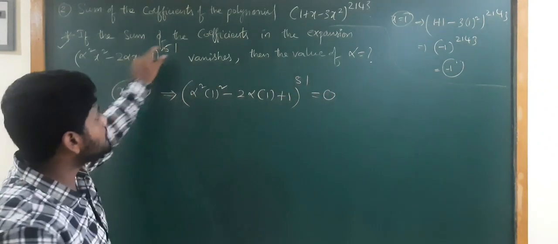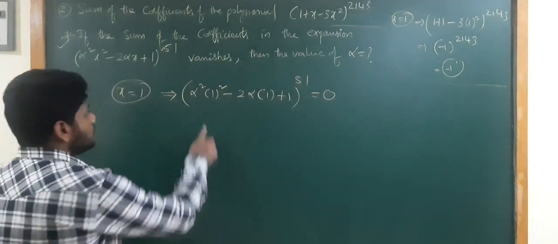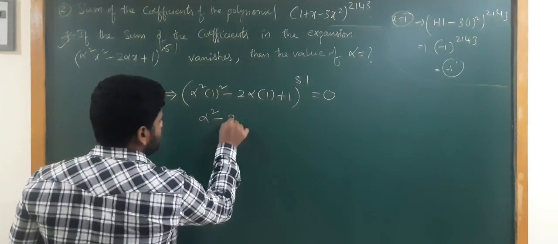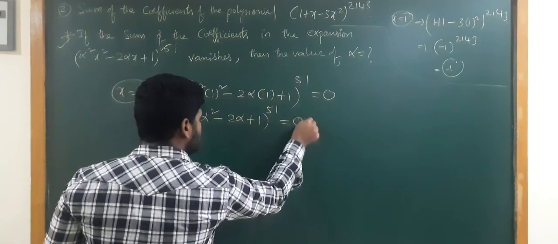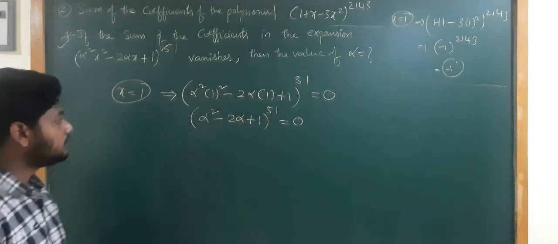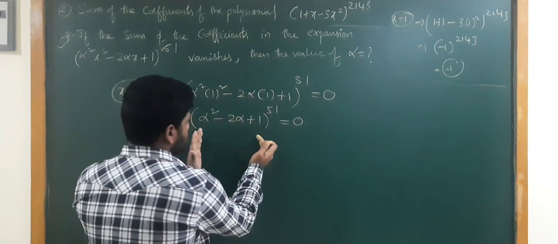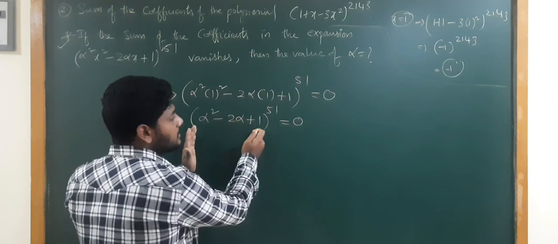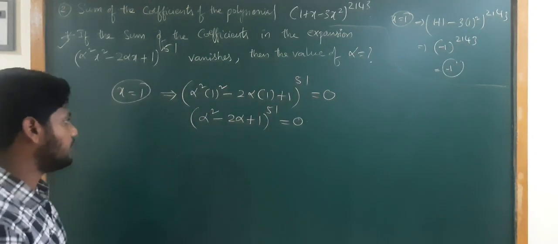They said the sum of the coefficients in that expansion vanishes, so it equals 0. So this will be alpha square minus 2 alpha plus 1, whole to the power of 51 equal to 0. Then what is the value of alpha?